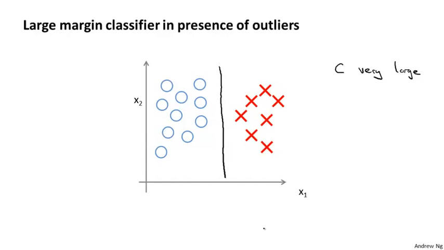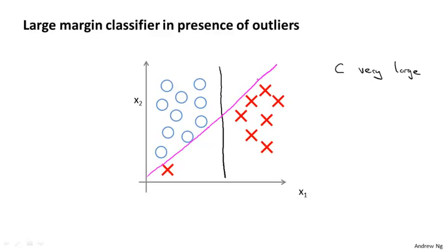And in particular, if all you're doing is using a large margin classifier, then your learning algorithm can be sensitive to outliers. So let's say I add an extra positive example like that shown on the screen. If you add one example, then it seems as if to separate the data with a large margin, maybe I'll end up learning a decision boundary like that, right? That is the magenta line.